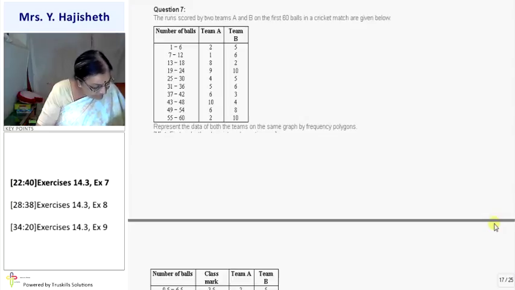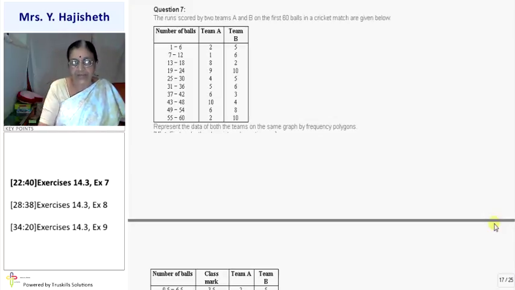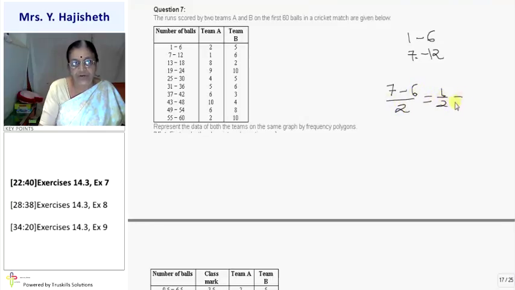You are asked to represent the data of both the teams on the same graph by frequency polygon. First make the class intervals continuous. I have already told you that method. What is the first class? 1 to 6. And the second one? 7 to 12. So I take the lower limit of 7 minus the upper limit of the previous class, so 1, divided by 2. So it is 1 by 2, so 0.5.